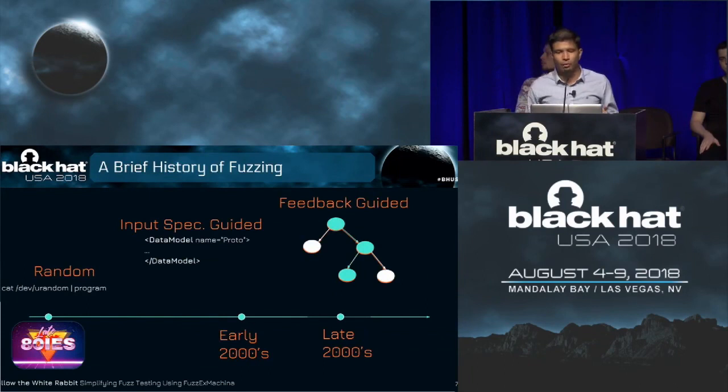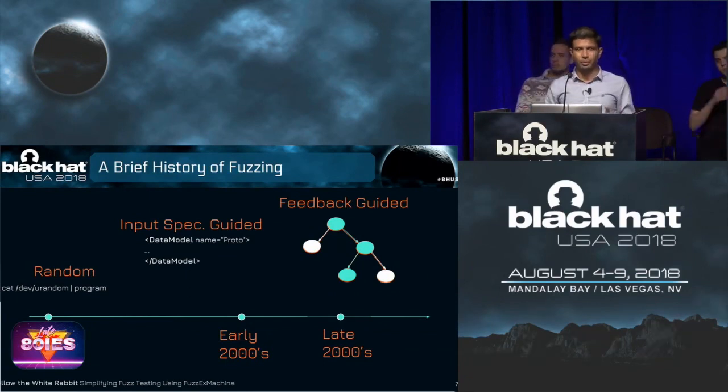Ever since then, we've come a long way in making fuzz testing more effective. Security researchers quickly figured that simply random testing is not very effective because while it can quickly find shallow bugs, it cannot test deep portions of the program. So in the early noughties, some of the researchers proposed so-called input specification guided fuzz testing. Here the main idea was to tell the fuzzer what the program does by feeding it a specification of the program.